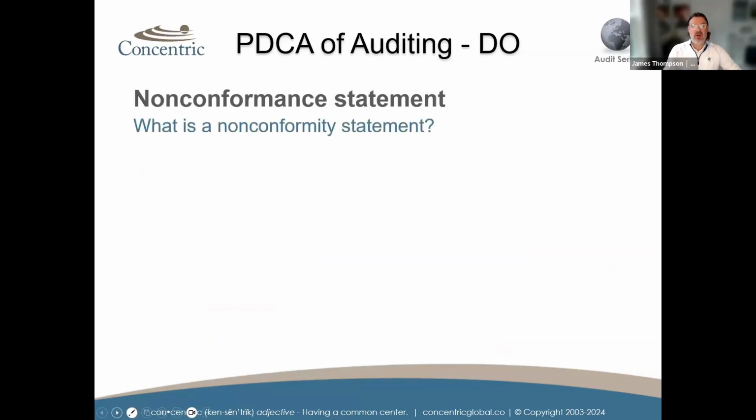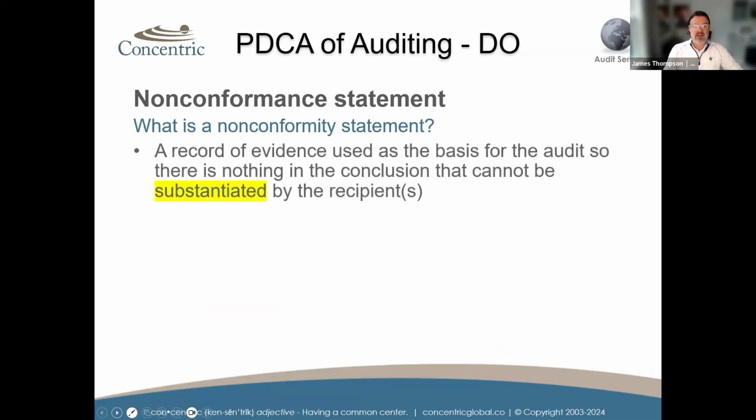Nonconformance statement. So what is a nonconformity statement? It's a record of evidence used as the basis for the audit, so there's nothing in the conclusion that cannot be substantiated by the recipient. So in other words, this is something that can be followed. The statement is something where you can hand that statement over to the auditee or the audit client.